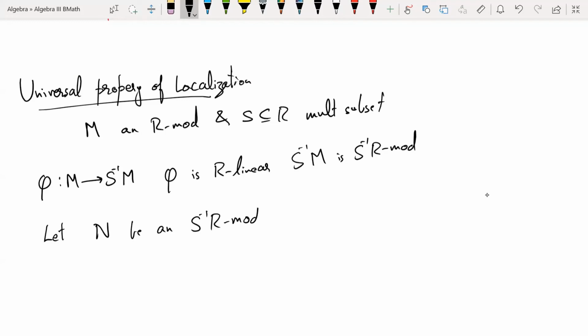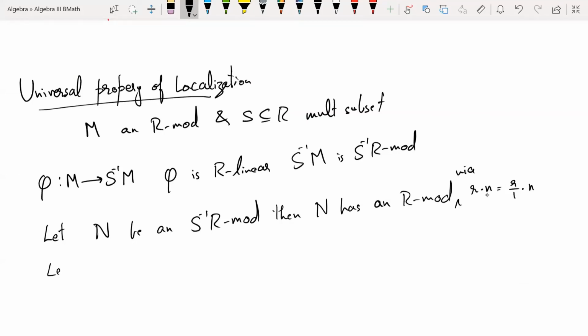It automatically has an R module structure, by R dot N equals R over 1 dot N, via this map.